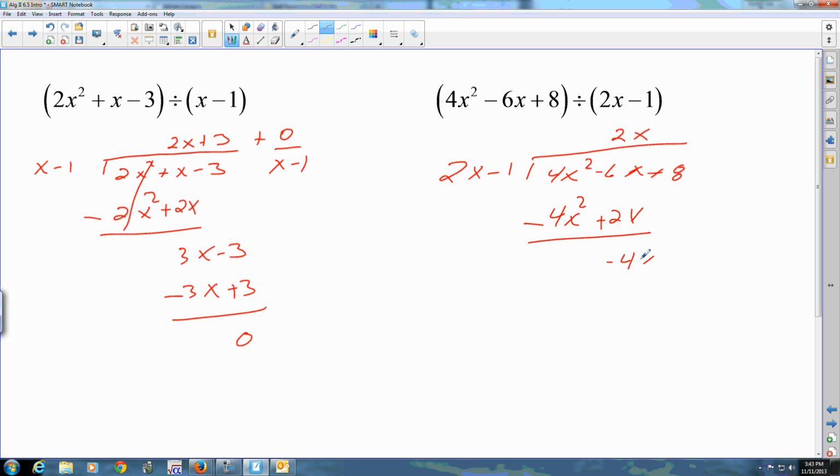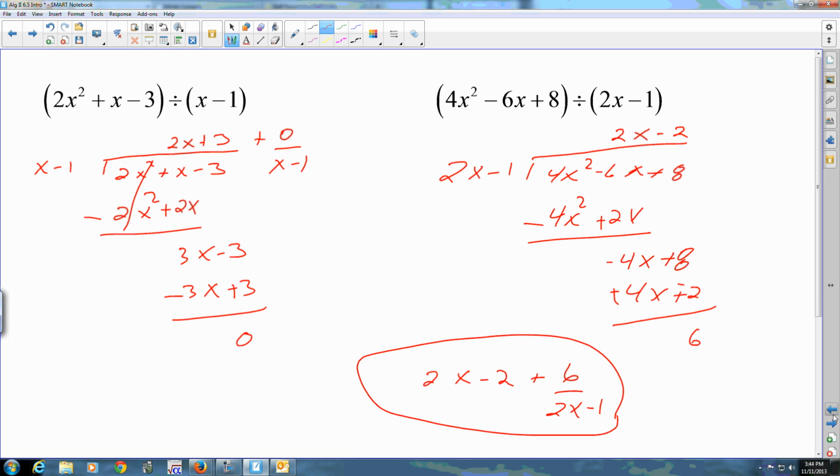So that would be minus 4x plus 8. 2x times what is minus 4x? Minus 2. Sorry about that. Minus 4x plus 2. Change the signs. Remainder 6. So your answer would be 2x minus 2 plus 6 over 2x minus 1. So that would be your final answer.